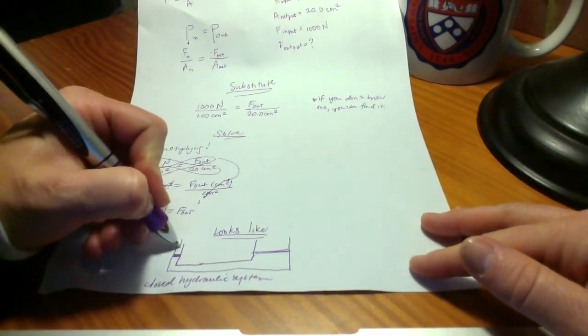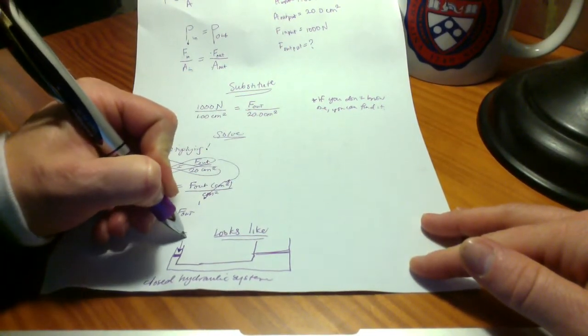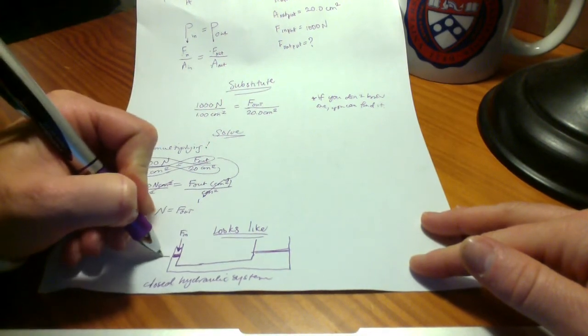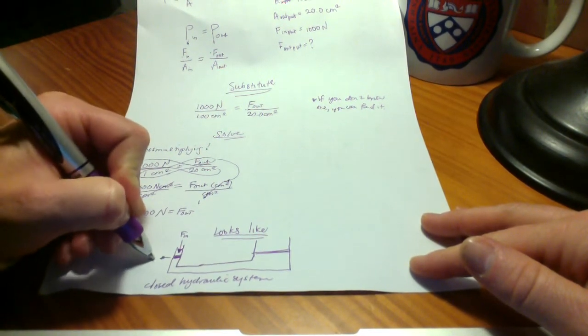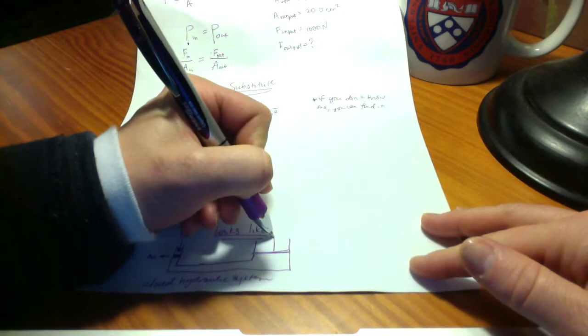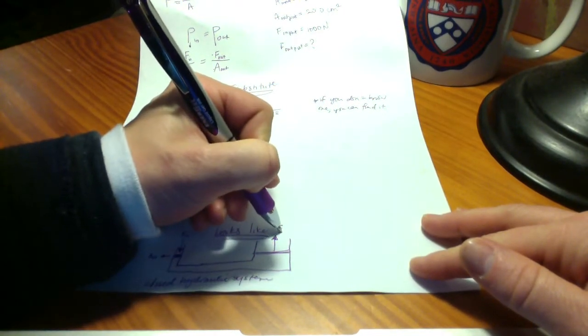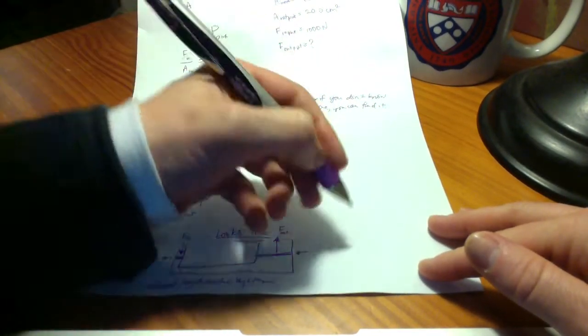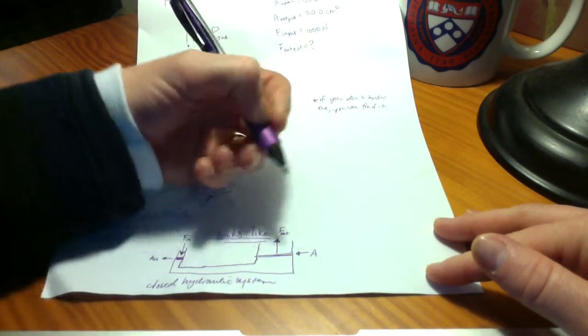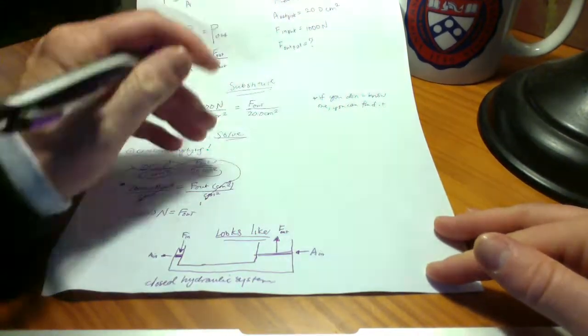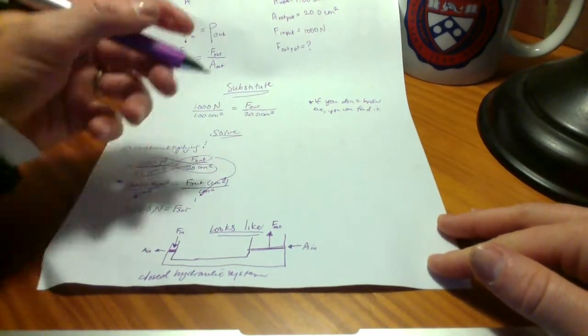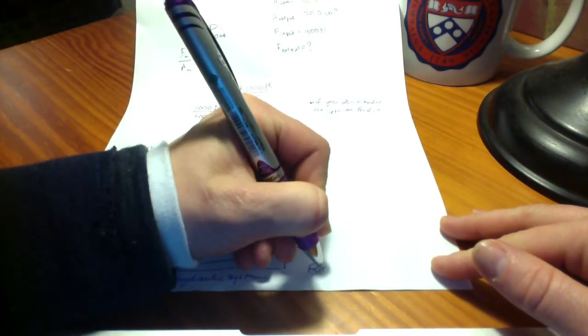So I have an input force over an area, my input area, and I end up with an output force over a different sized area, or it can be the same area, then it would be a direction multiplier. This is called a force multiplier.